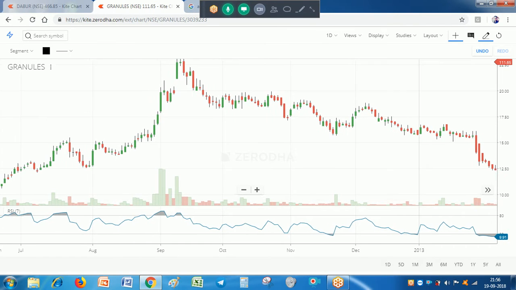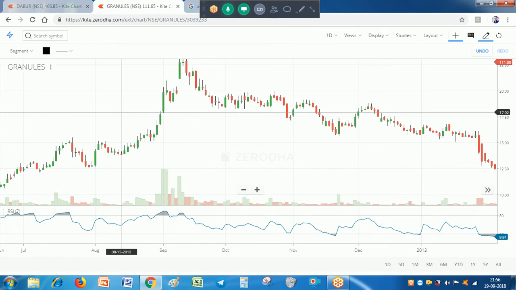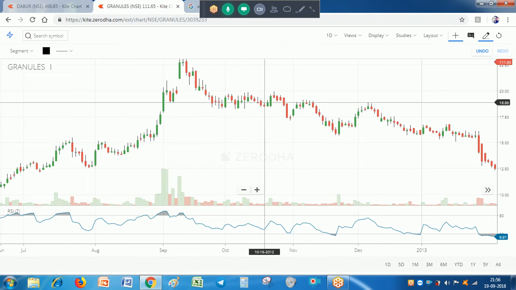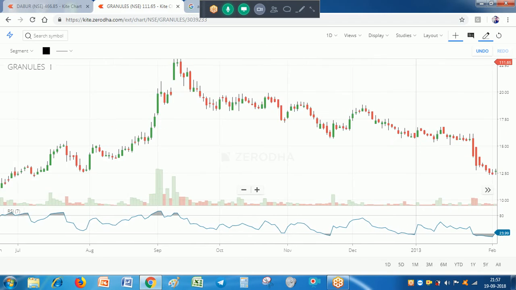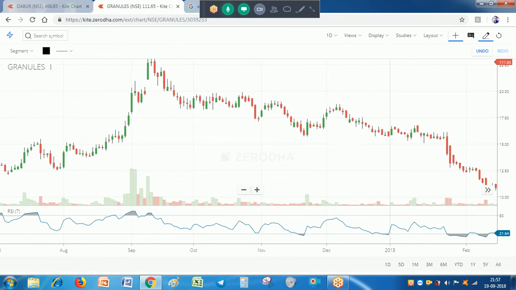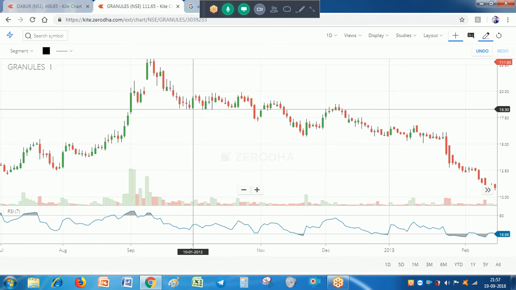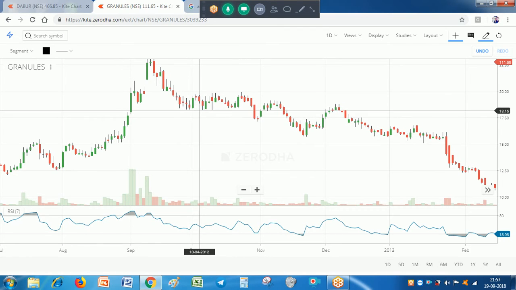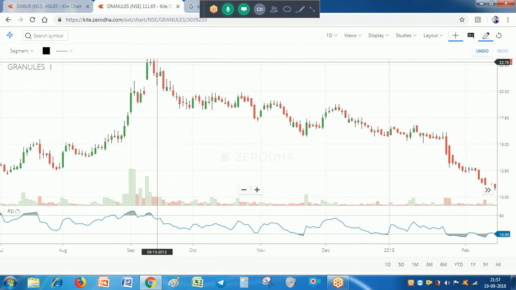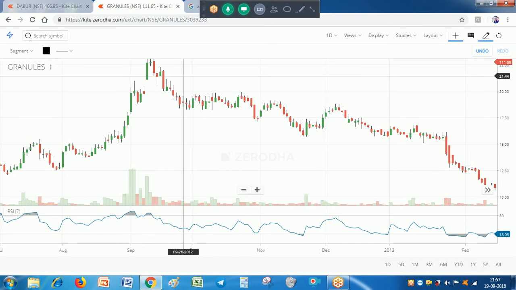But yes, some patterns are not very common. So there is one more pattern friends, opposite to the ascending triangle I told you about earlier: the descending triangle. In a descending triangle, the stock makes approximately equal lows and lower highs.